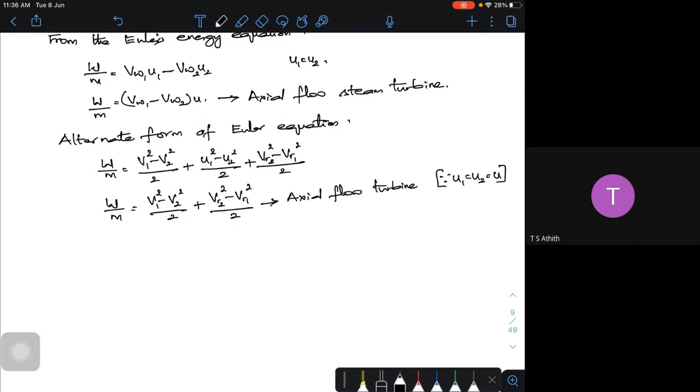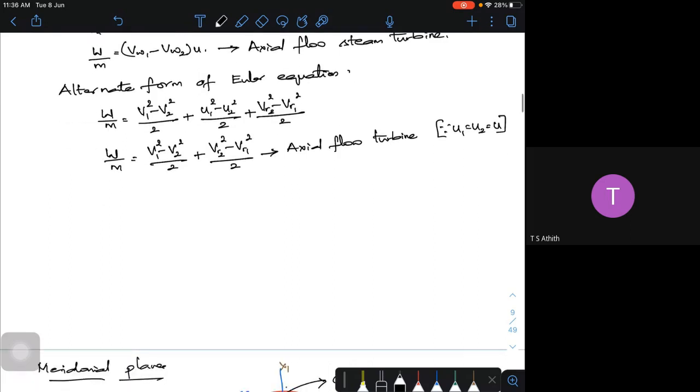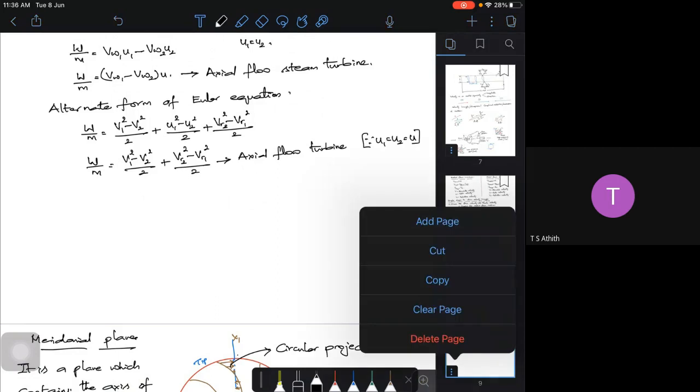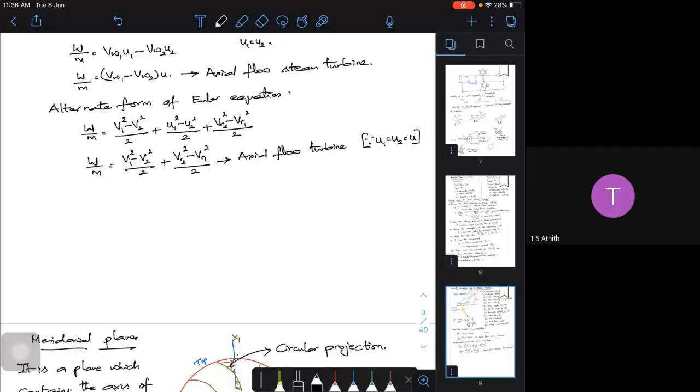Now, there is something called, as you might have studied, the combined velocity diagram. We are going to use this combined velocity diagram for your steam turbines.